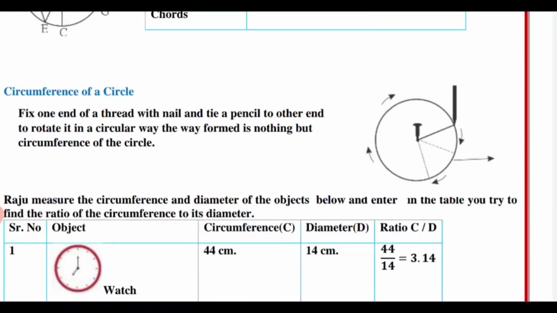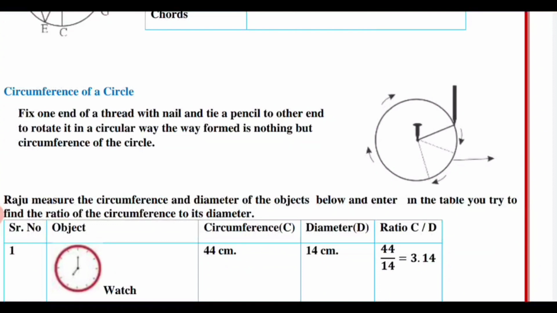Let us read: circumference of a circle. Fix one end of a thread with a nail and tie a pencil to the other end to rotate it in a circular way. The path traced is nothing but the circumference of the circle.